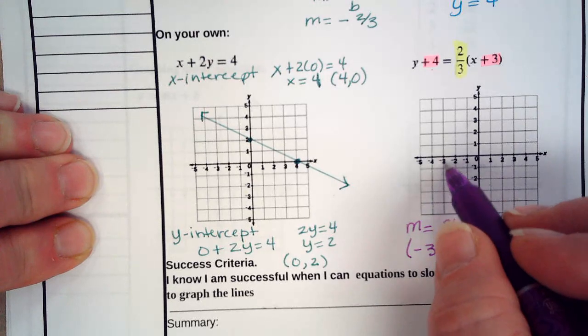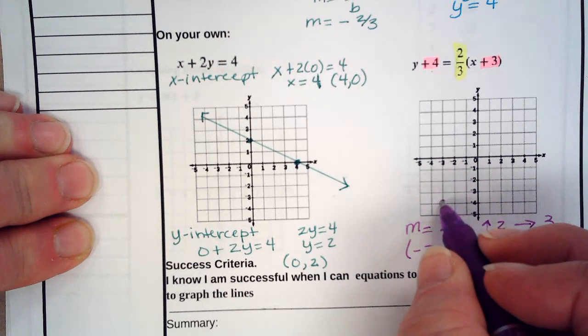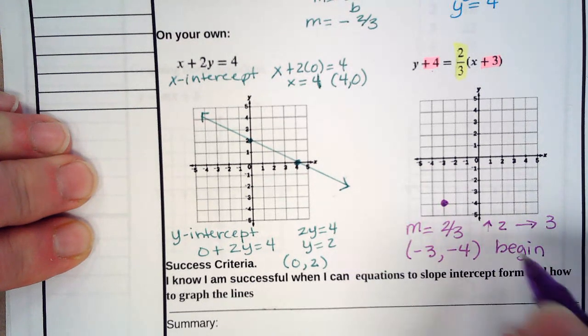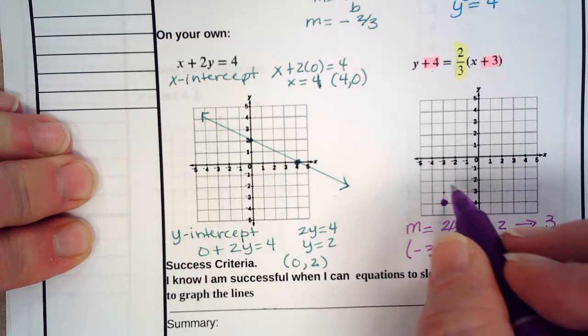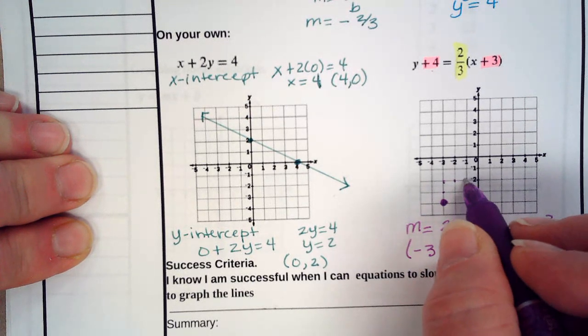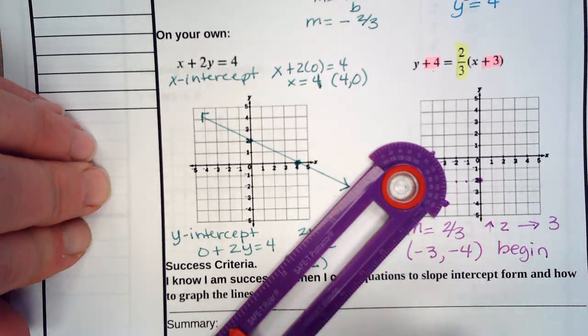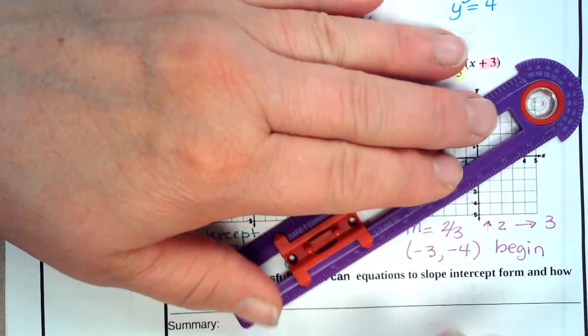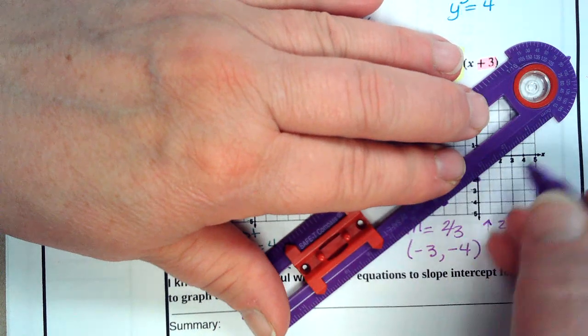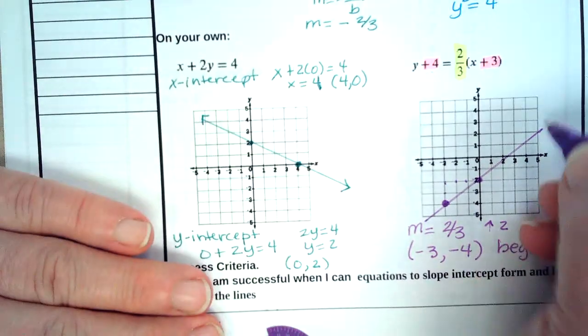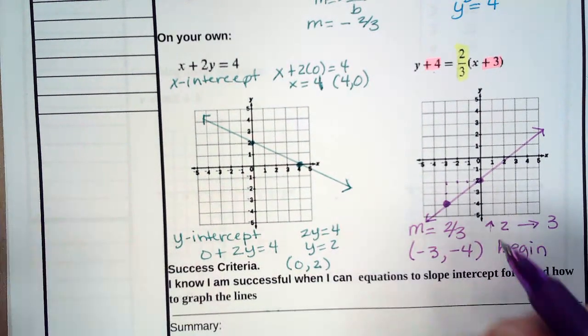Negative 3, negative 4 is right here. I go up 2, 1, 2, right 1, 2, 3. I am now ready to draw my line. And I'm done.